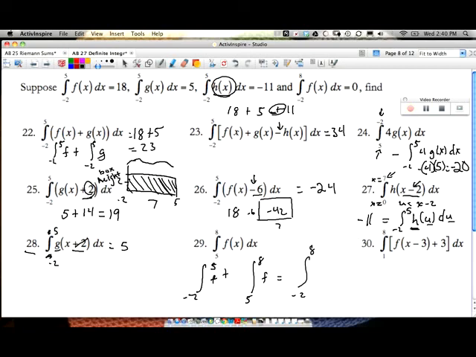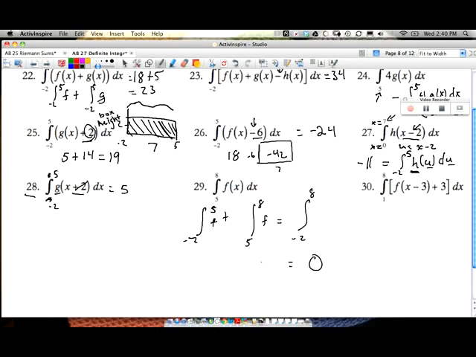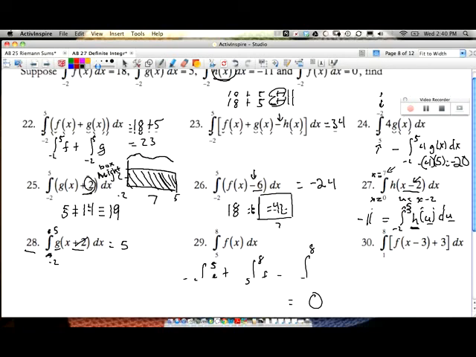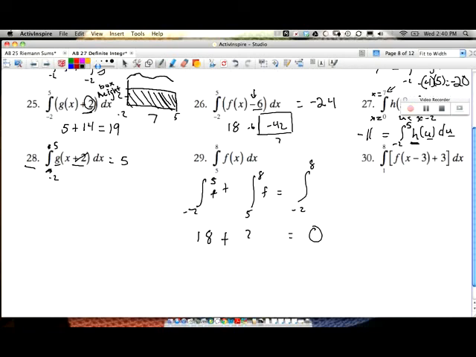Well, this total is going to equal 0. And the first piece, was that 18? Yes, it was 18. So 18 plus something equals 0. What would that piece be? Well, it would have to be negative 18. That's the only way we can make that go all the way to 0, by subtracting 18.